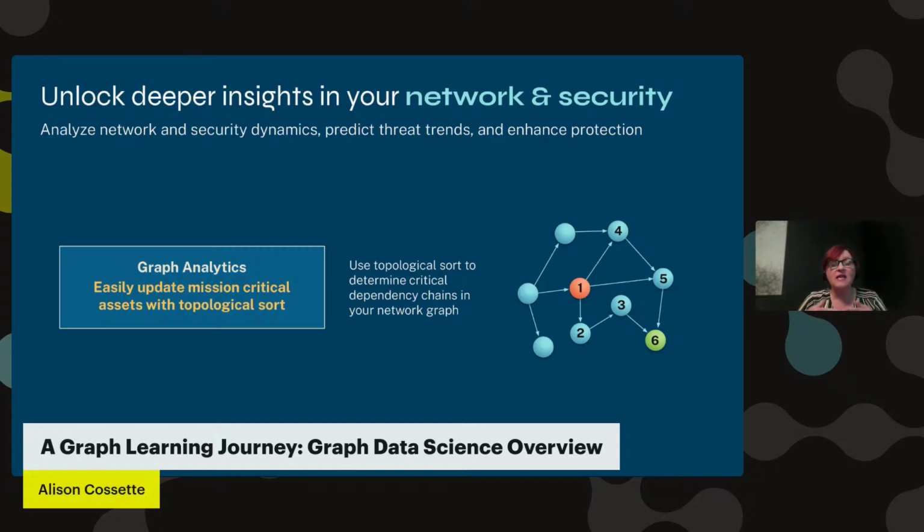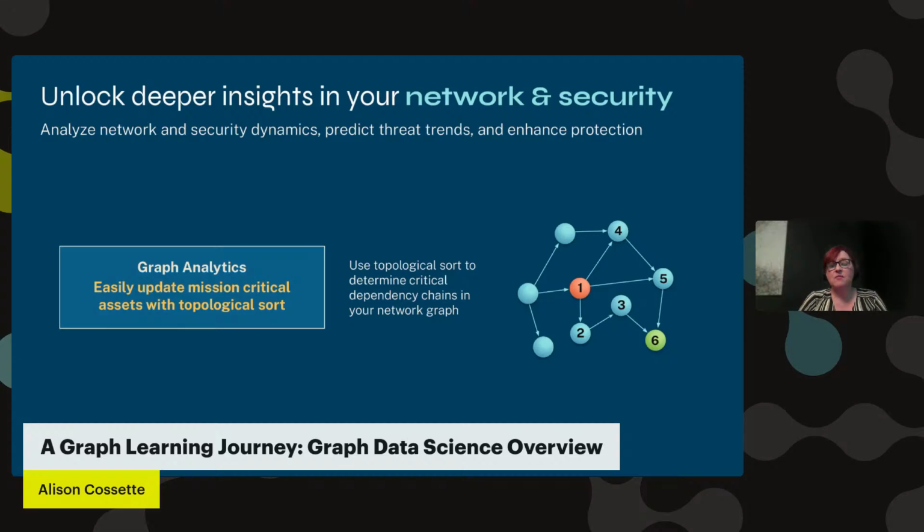So what we're finding is that there's that important moment that a lot of different pathways are passing through. It may not even be betweenness centrality. It could be one of our other centrality algorithms that brings that up. So Dijkstra. There's a number of different ones that you can use. These are really interesting to find these really critical points, these mission critical assets in this network and security area.